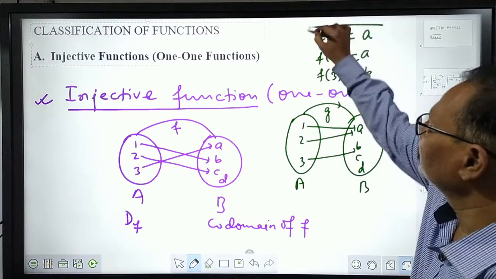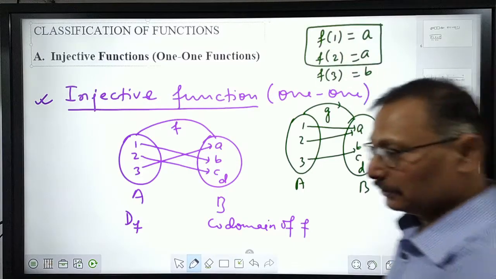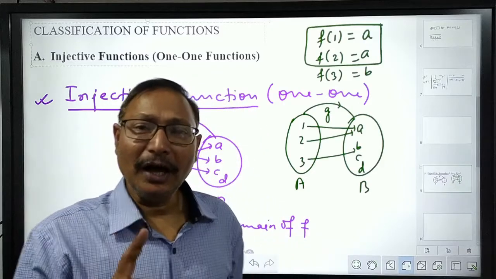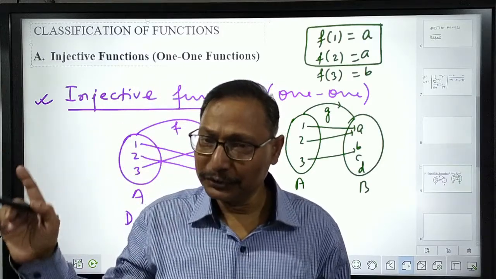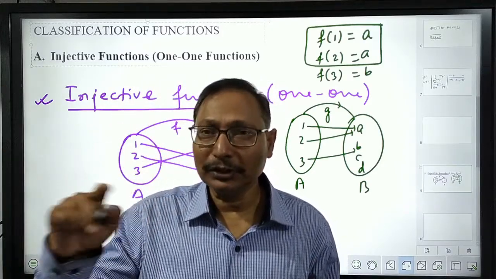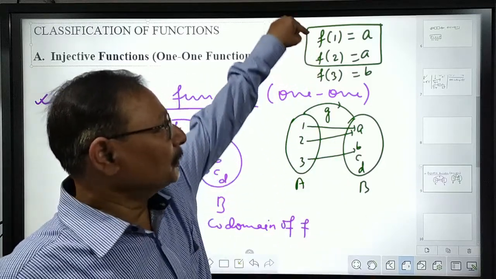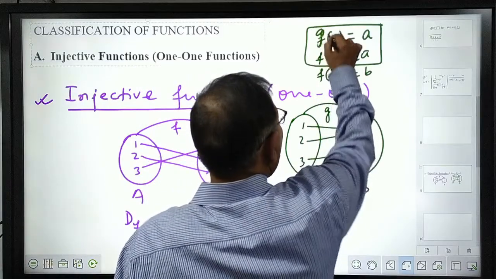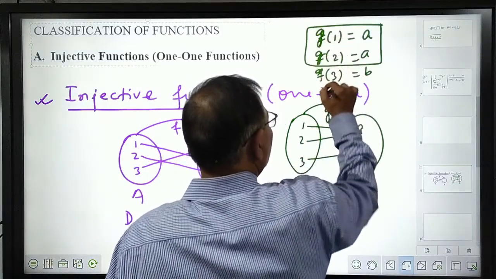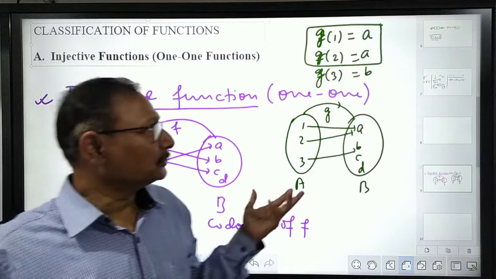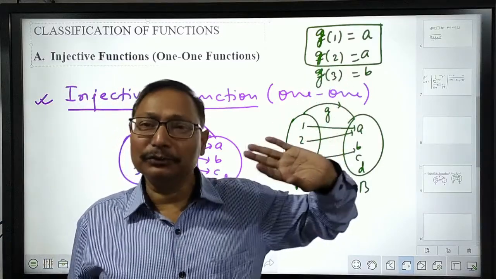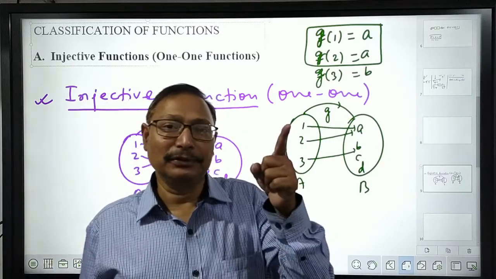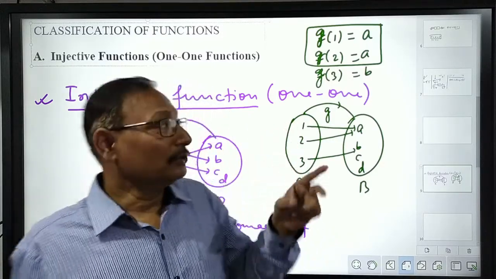But mind it, in this one, however 1 and 2 have unique outputs under the function g, both are paired with the same element.